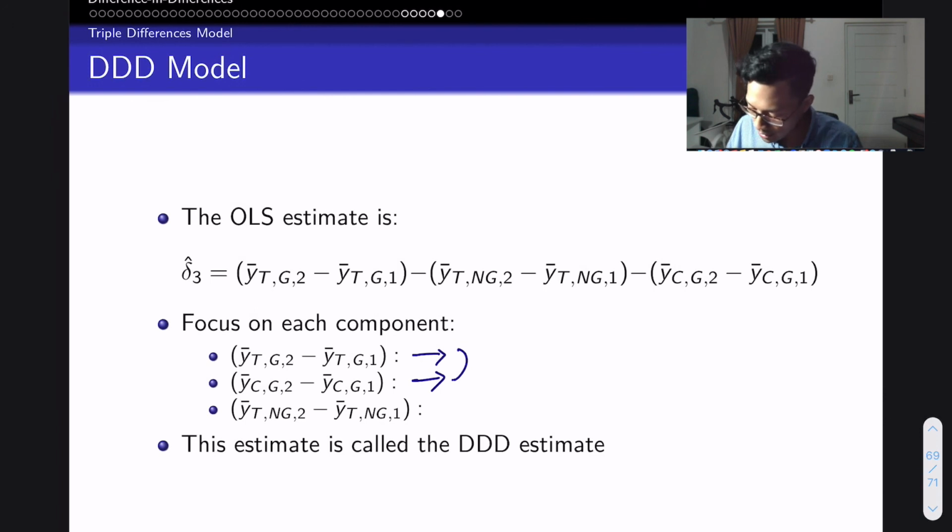And the third component is useful to get rid of the components that change over time specific to that poor subpopulation. So for example, suppose that for the poor subpopulation, at the same time, in addition to the program that is implemented by the local government, the national government actually provides them with some social protection program.